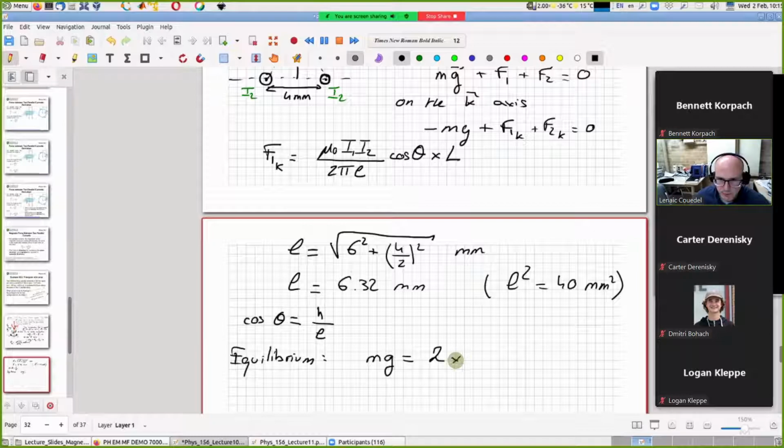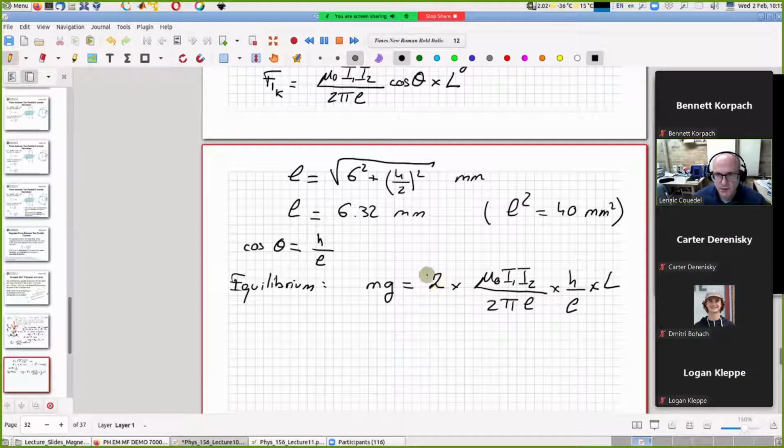So mu0 I1 I2 divided by 2 pi l, cosine theta already replaced by h over l, and I multiply by the length of my wire. So this 2 here comes because we have 2 wires that act on the levitating wire.